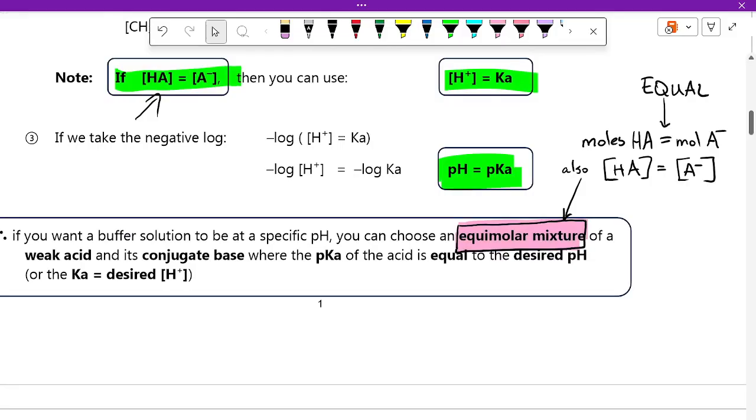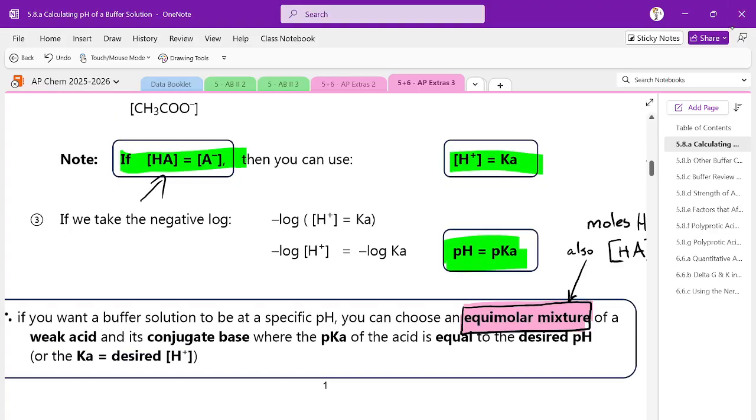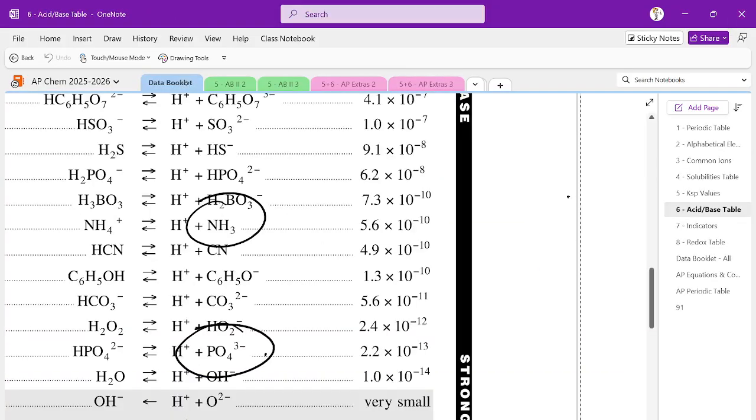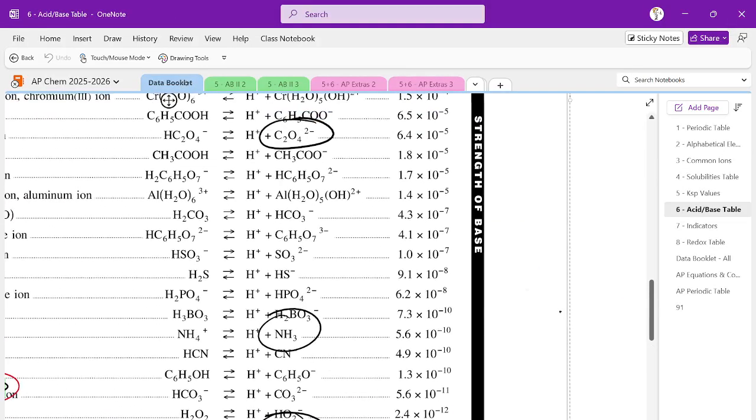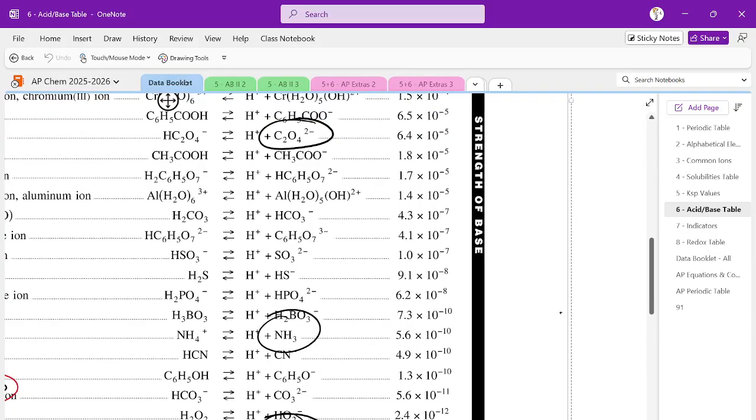So if you know that you want, say, a pH of 4.74, you can ask which of these acids has a Ka where I can take the negative log and get about 4.74. So let's just pick a pH, let's have a pH of 6.